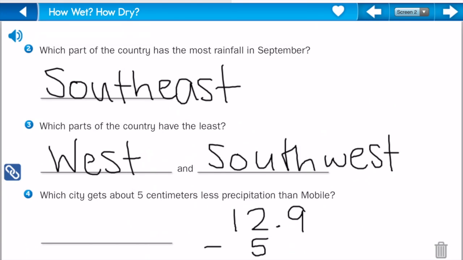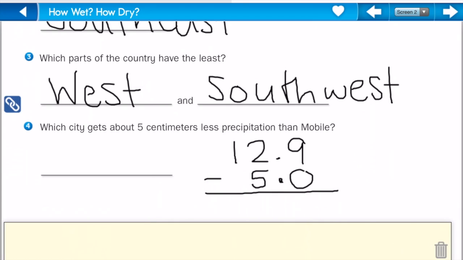It's important to remember that we put a decimal place and a 0 to fill in the spots so that we know we're getting our decimal point in the right places. So 9 minus 0 is 9. We bring down our decimal point. It looks like we can't take away 5 from 2, so we got to borrow. 12 minus 5 is 7.